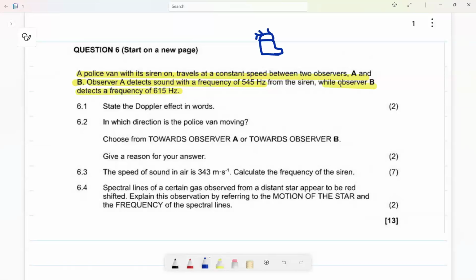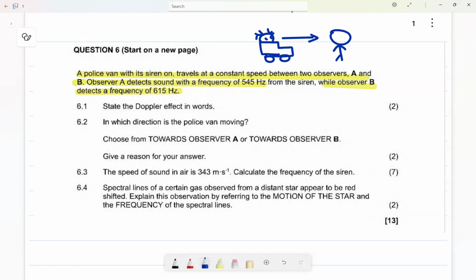I know the siren is inside, but I want you to see it like this. The one that detects a higher frequency means it is approaching. Let's say it is moving in that direction, with a speed of whatever that speed is, then it is approaching.